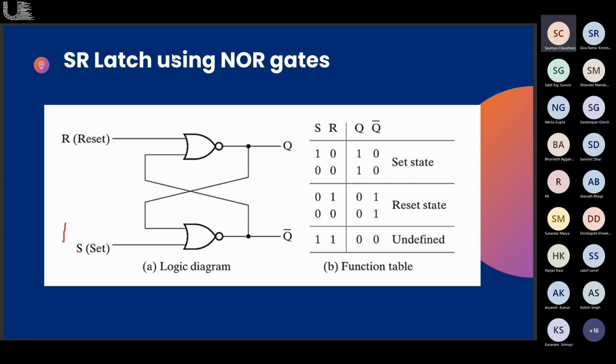So this is a latch. A latch can be implemented using some gates. Here we are using NOR gates. This is the SR latch, S for set and R for reset. This is its function table, so study it.